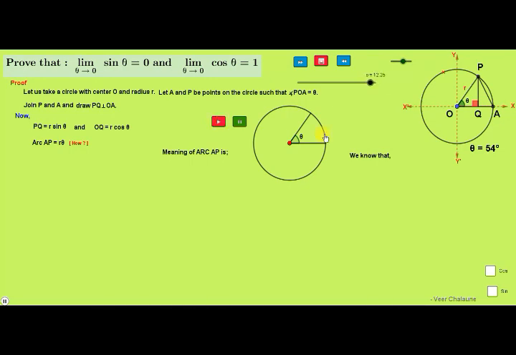The tracing line in red color is known as the arc of this angle theta. So what is its value?